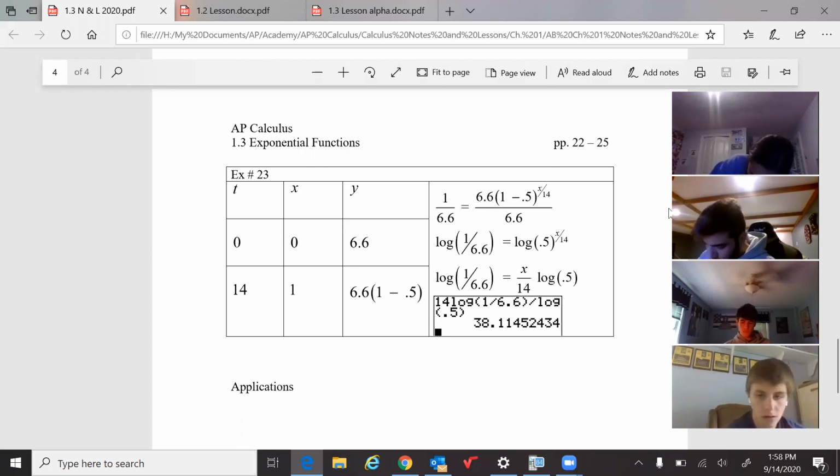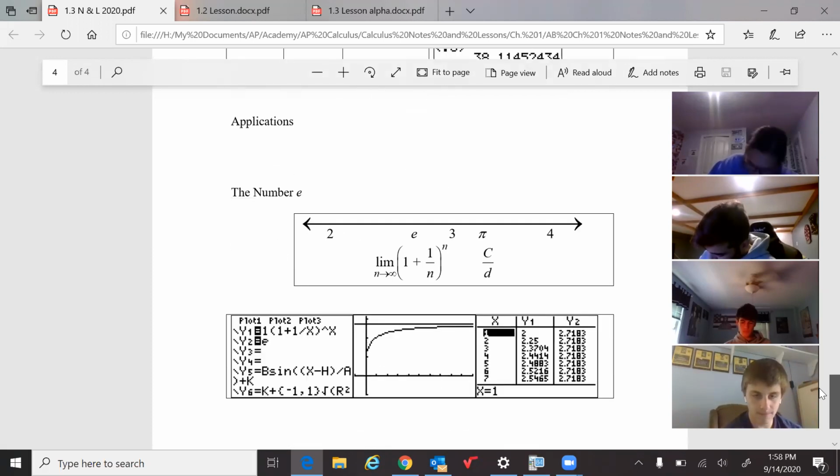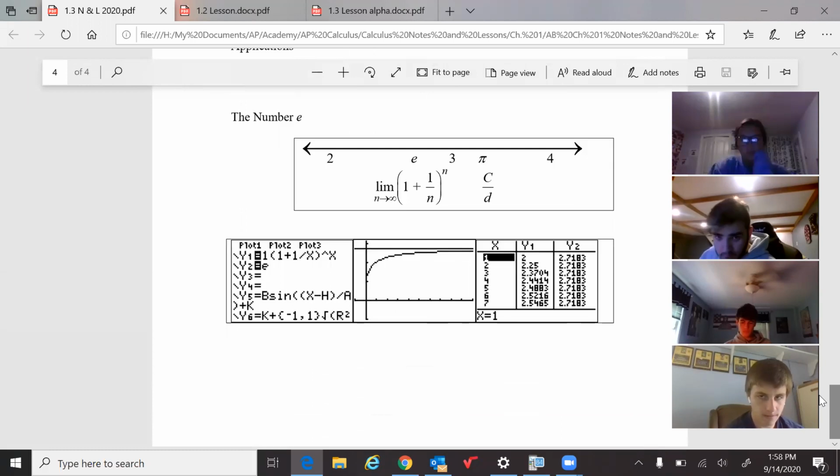All right. Next thing, the number E. E is a real number. It's on the number line. You will use E as much in calculus as you used pi in geometry. I edited this over lunch; I harvested this from last year's pre-calc.